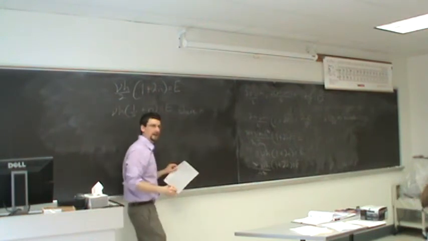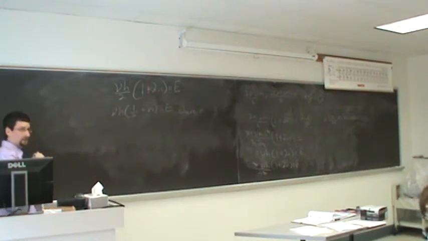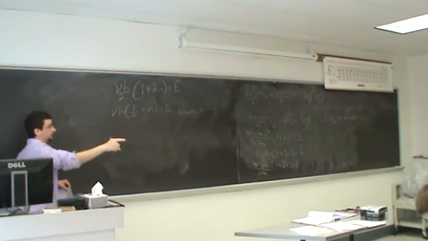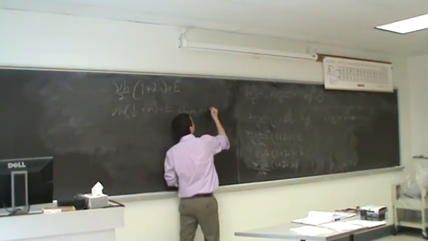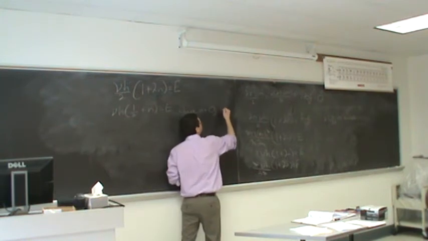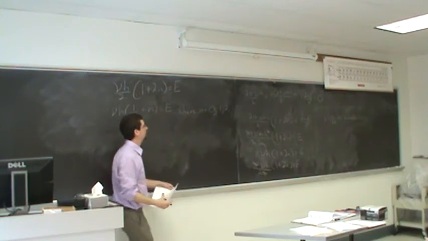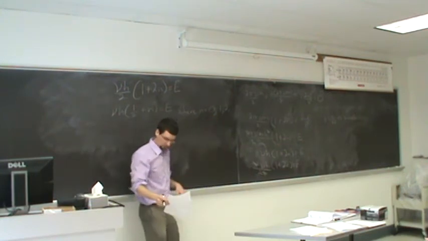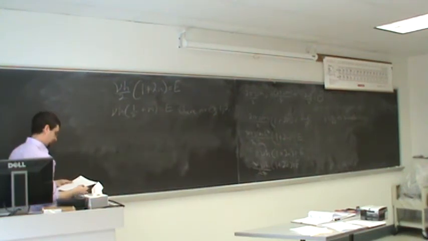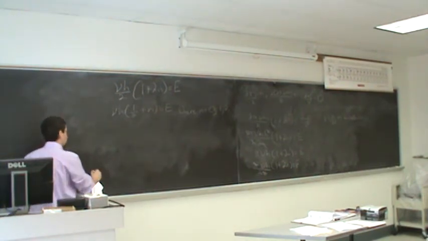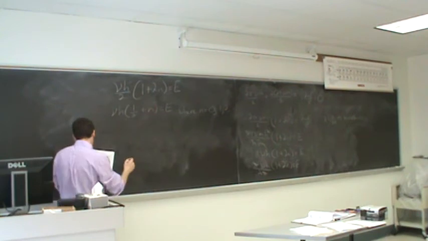Okay, what are the values n can have in this case? 0, 1, 2, and so on. From the way we initially set up our power series, we can have n equal to 0. This is kind of strange because, so now let's look at our model system.